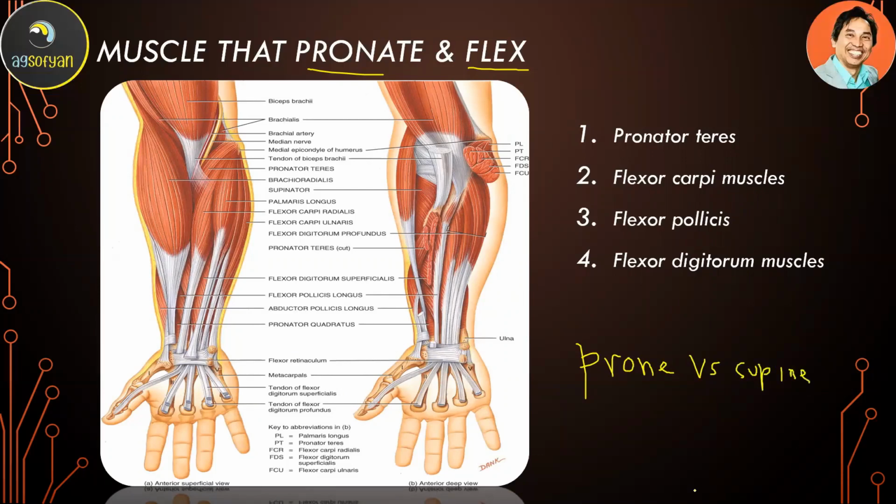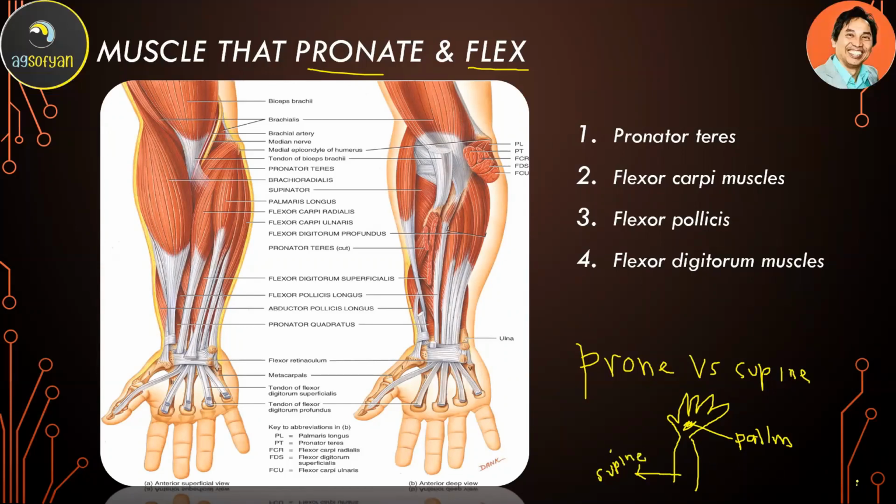Okay, so when you look at your hand, usually you see your palm over here. If you see your palm, okay, so this position is called supine. So you are in supine position when you are able to see your palm.